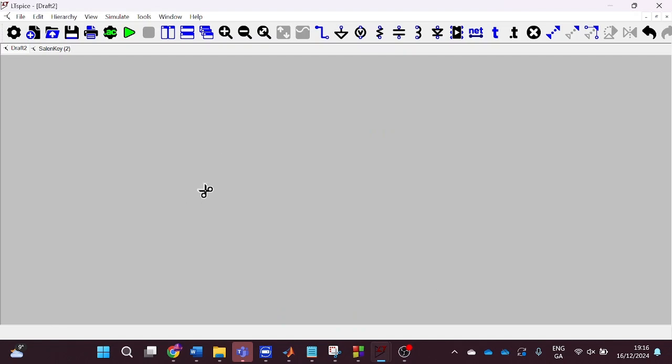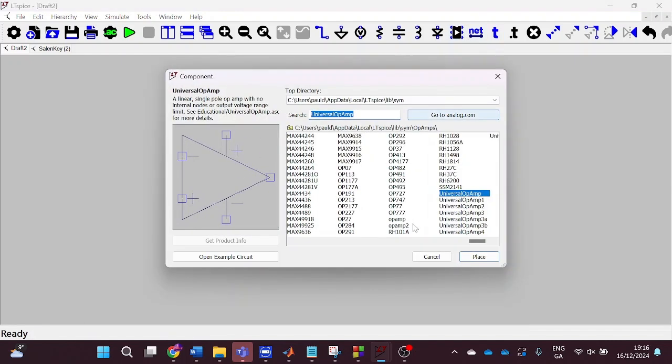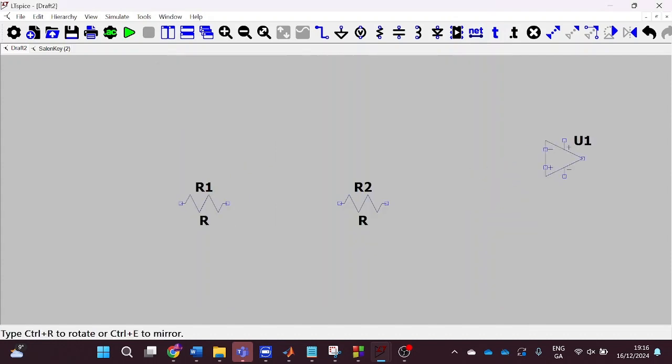Right, so now we're going to create the Sallen Key circuit. So start off, place the resistors down, R1 and R2. Follow this up with the op amp, this universal one here. So I'm just going to hook them up like so.